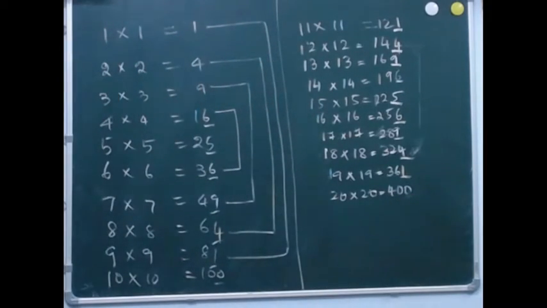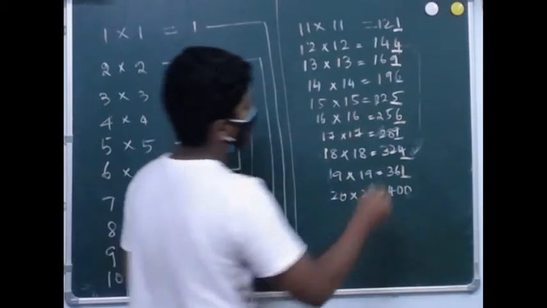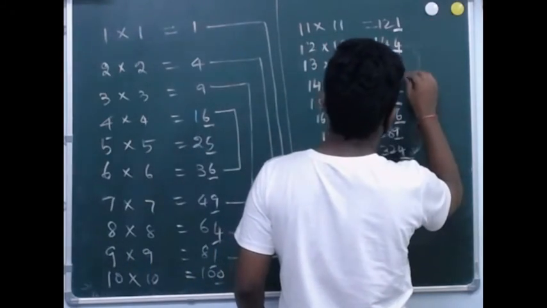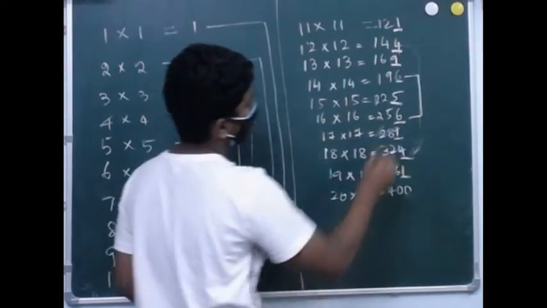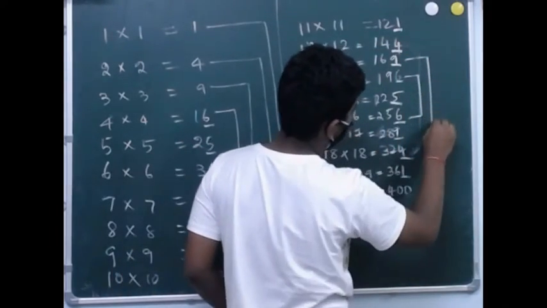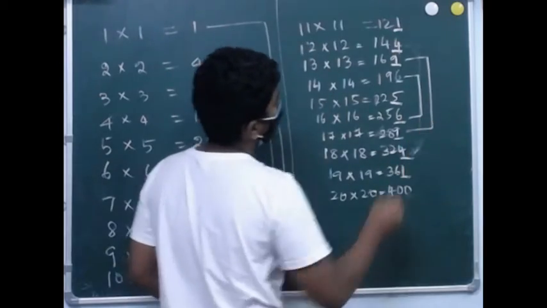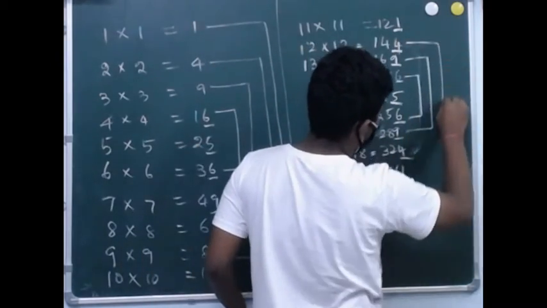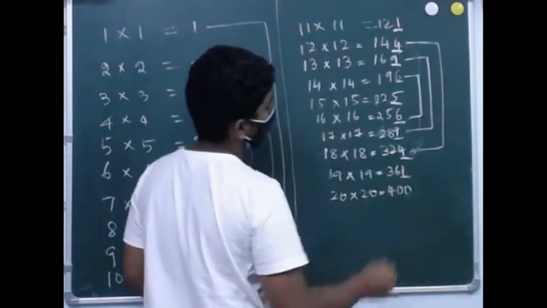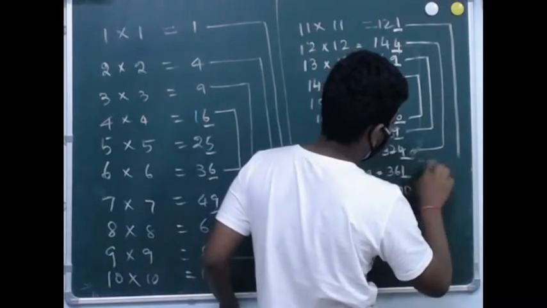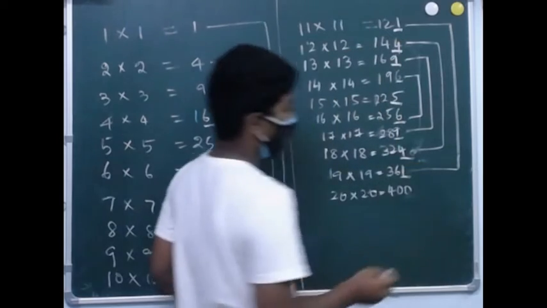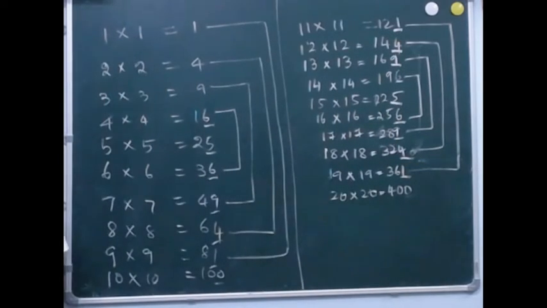Now you can link 1 and 1, 6 and 6, 9 and 9, and then 4 and 4, 1 and 1. The same pattern is repeated. Even if you go for 3-digit, 4-digit or 5-digit numbers, you will get the same pattern.